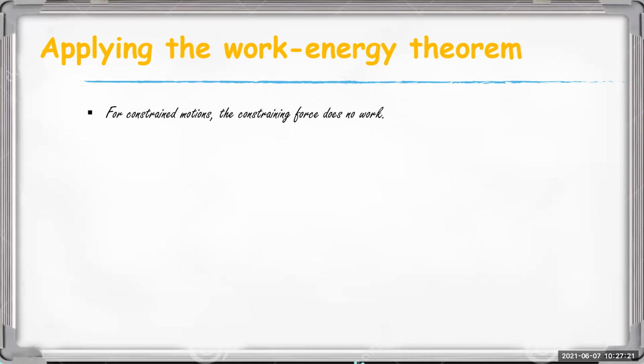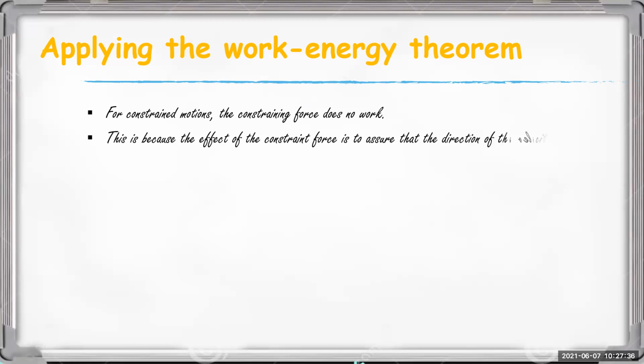Then, in the expression of the work energy theorem, the left-hand side must be 0. How is it possible? This is because the effect of the constraint force is to ensure that the direction of the velocity is always tangential to the predetermined path.